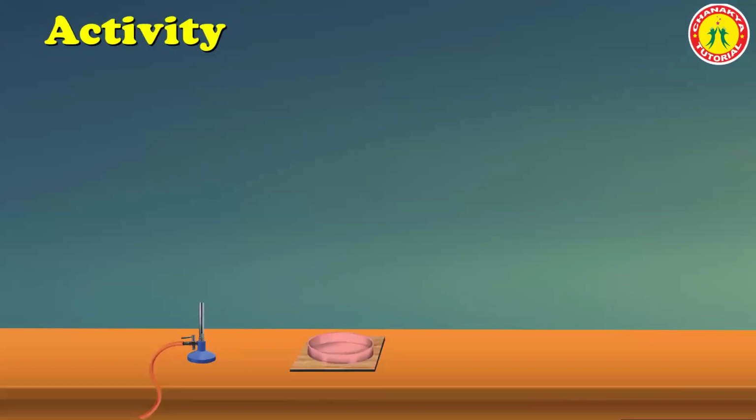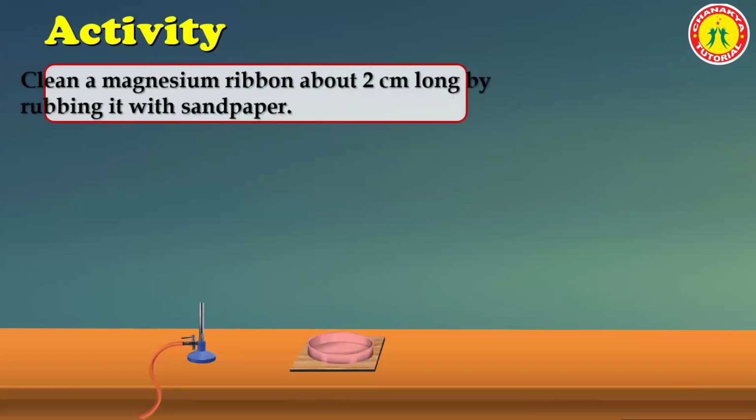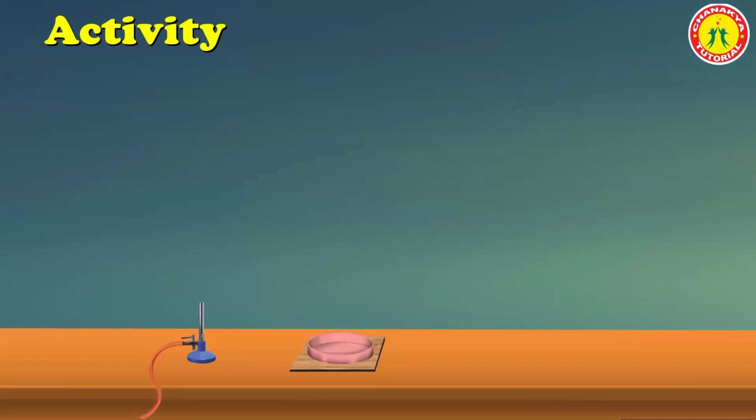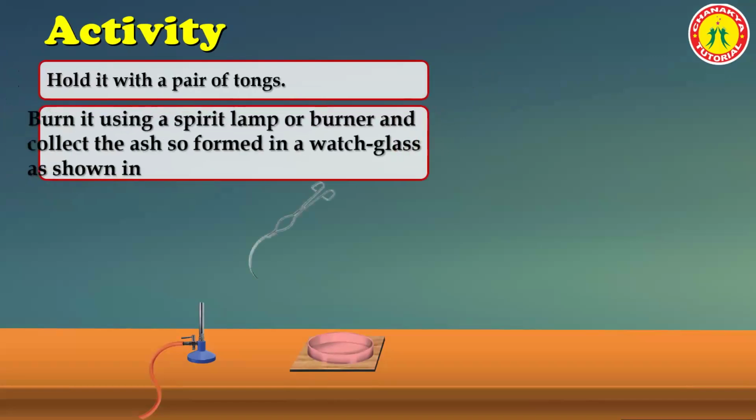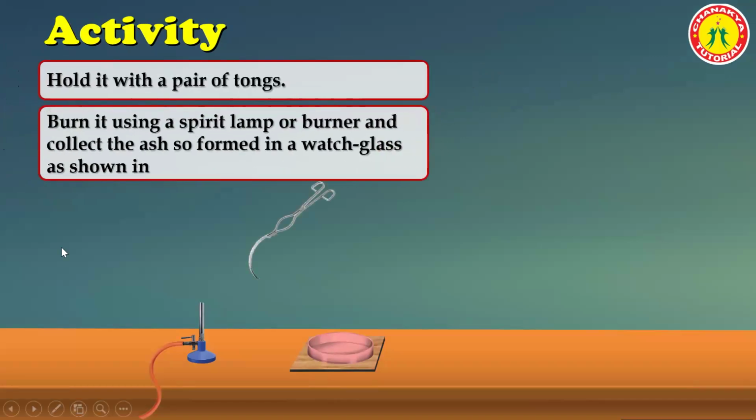That is, a chemical reaction has taken place. For example, in this activity we take a magnesium ribbon, hold it with a pair of tongs, and then burn the magnesium ribbon.